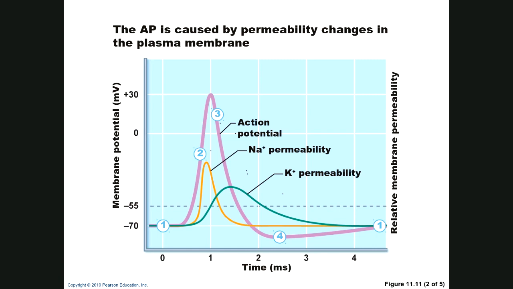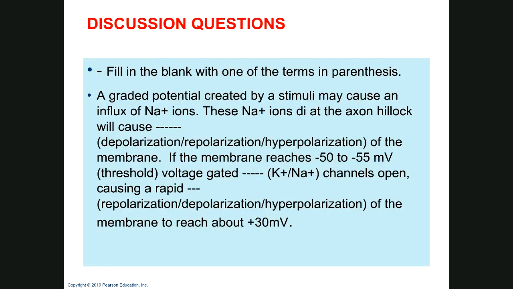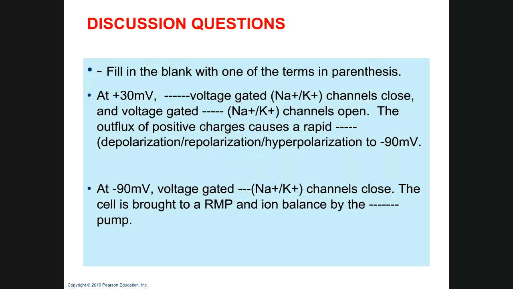And this is showing you the permeability of the membrane to sodium and potassium. So again, I cannot emphasize enough that the action potentials are always the same. What is going to vary is the frequency of the action potential.